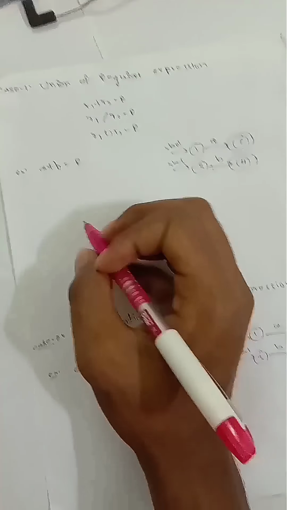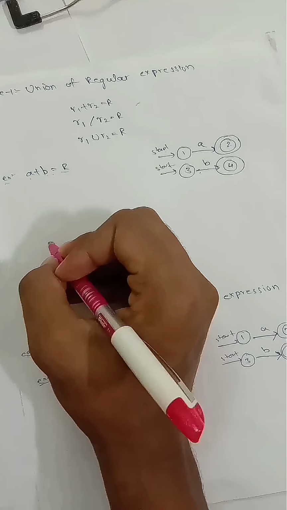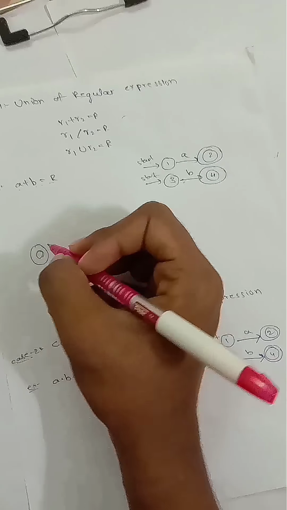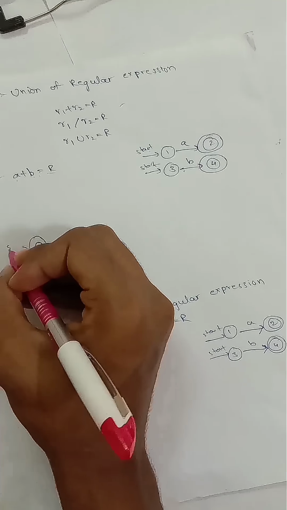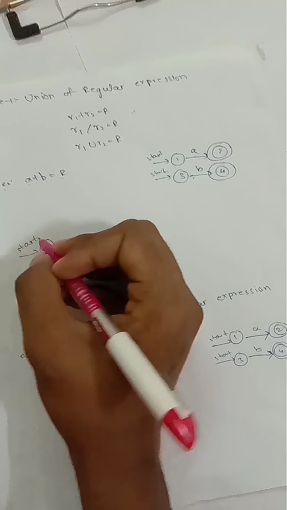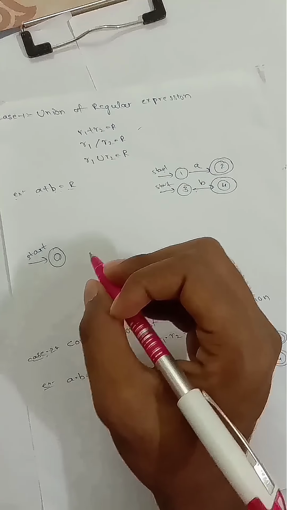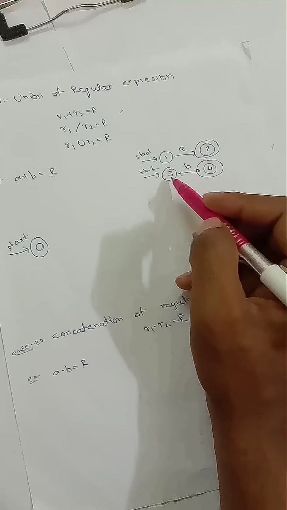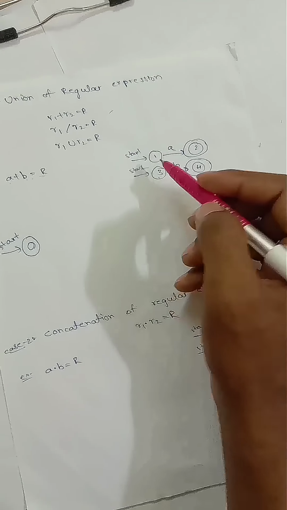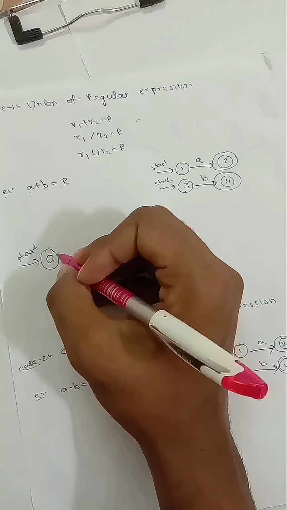Let us take it as 0. The starting state 0 needs to contain new transitions on epsilon to the starting states of both A and B. They are 1 and 3 like this.